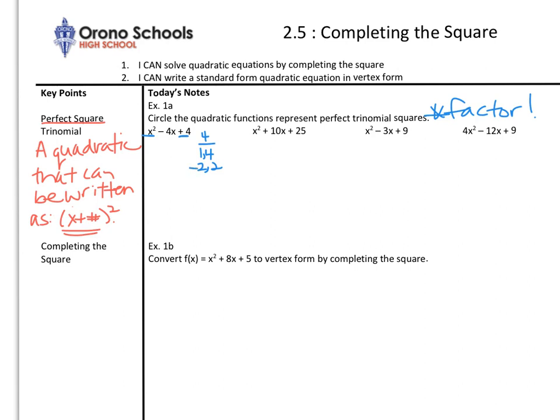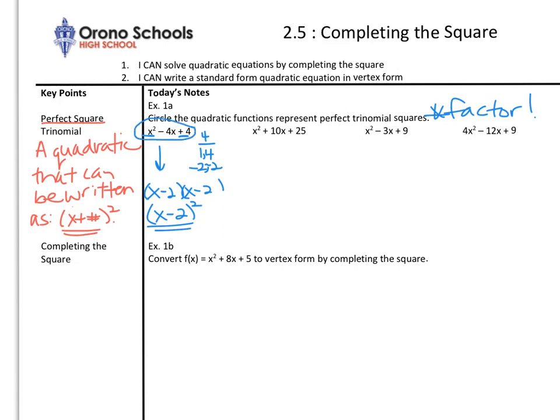If you're thinking negative 2 and negative 2, that would be correct. This means we'll split our x squared up into x times x, and then we have minus 2 and minus 2. That means it can be rewritten as x minus 2 squared, since the parentheses are the same. This is an example of a perfect square trinomial.